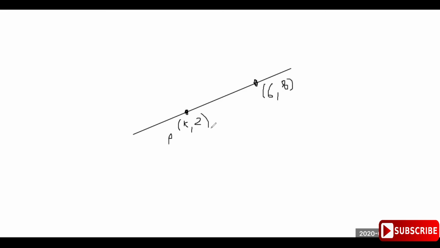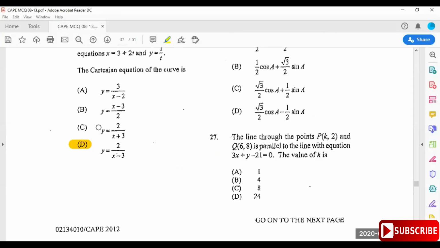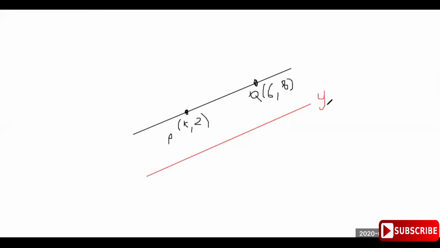They told us that it is parallel to some other line, and this other line is defined by the equation 3x plus y minus 21 equals 0. So I can write it as y is equal to 21 minus 3x.